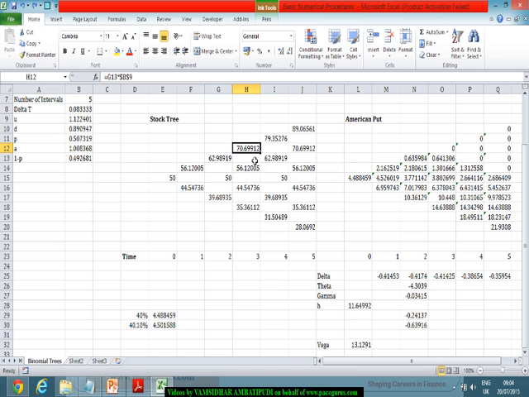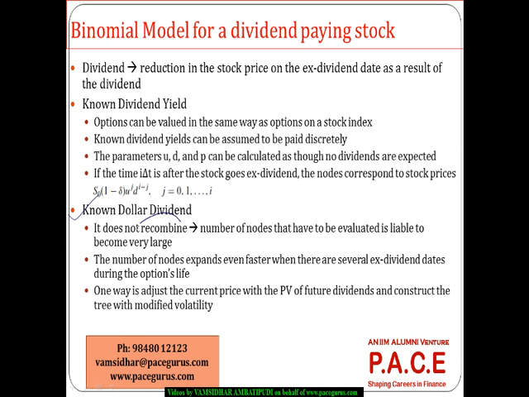After that the tree is no longer recombining. The number of nodes that have to be evaluated increases drastically. You may have to go up to 2 to the power n nodes because we don't get a recombining tree. And if there is one dividend, fair enough.